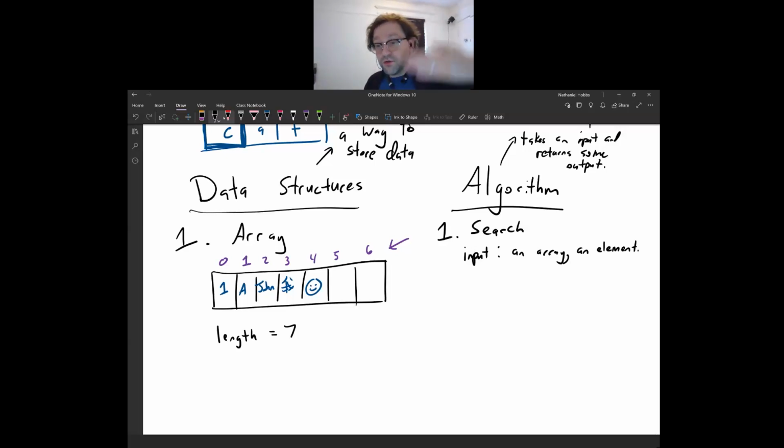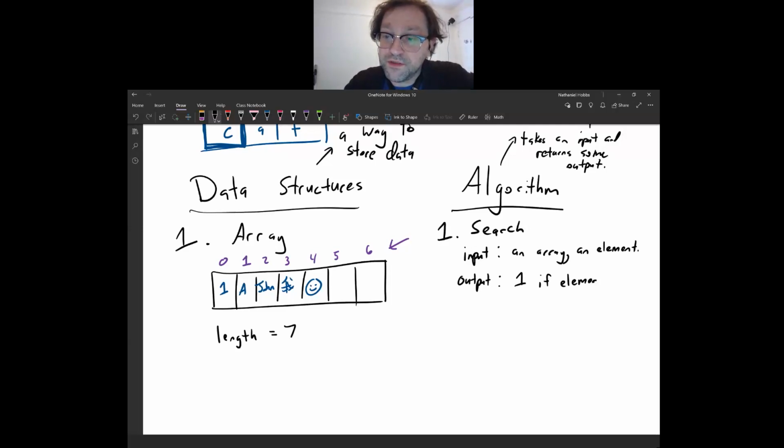Okay, so you give an array and you give an element, and the question is, does this element exist in the array? And so the output is going to be, let's say, 1 if element in array or 0 otherwise.